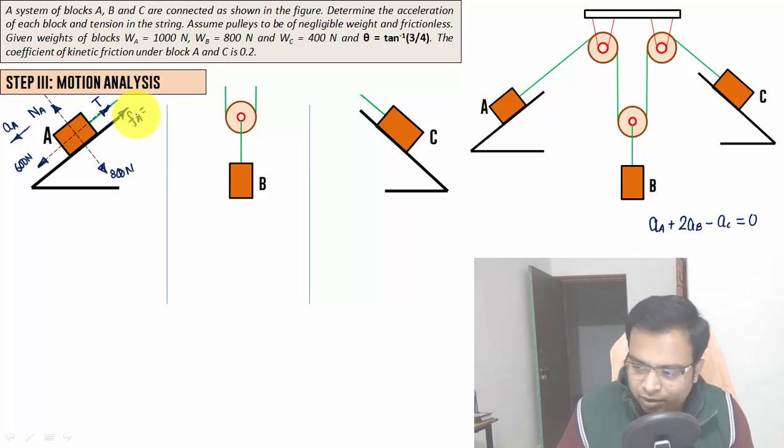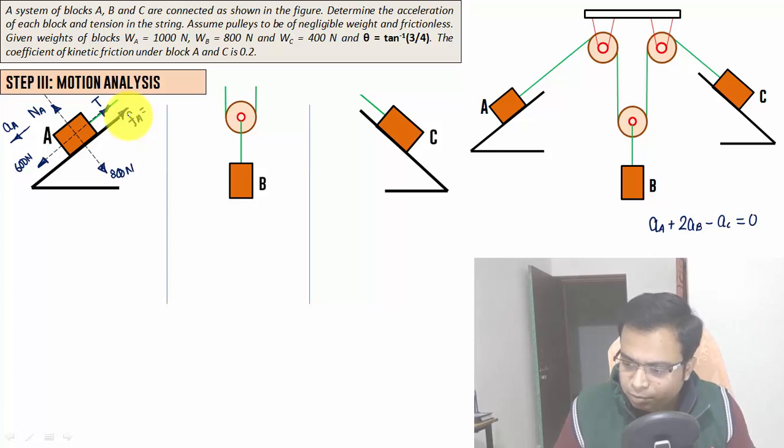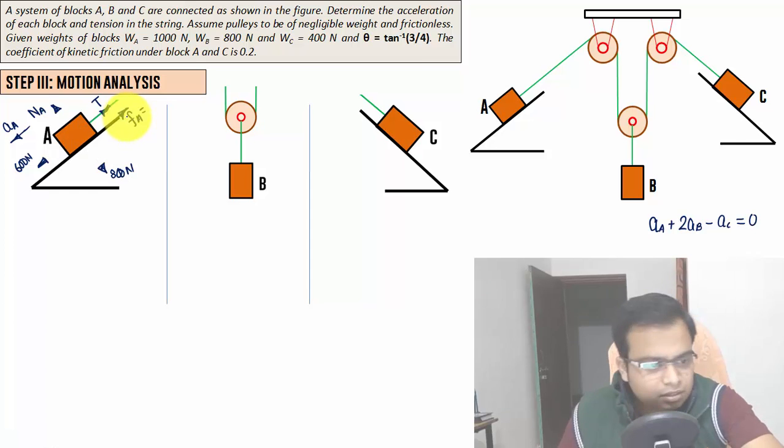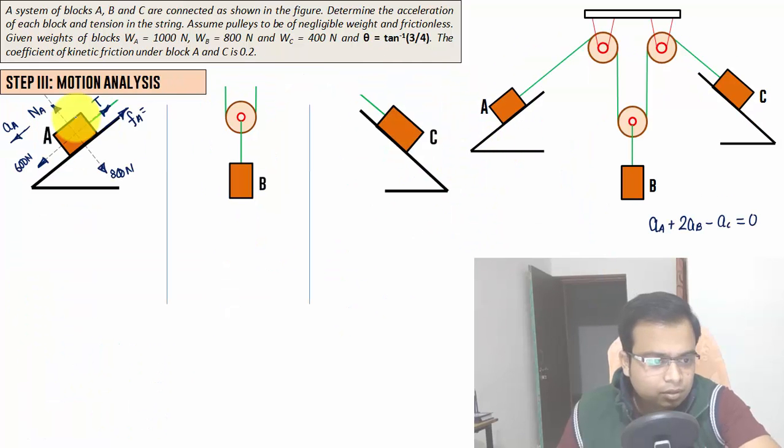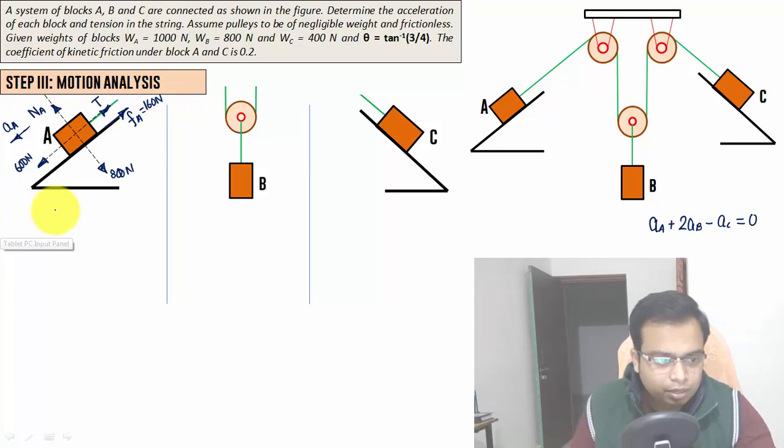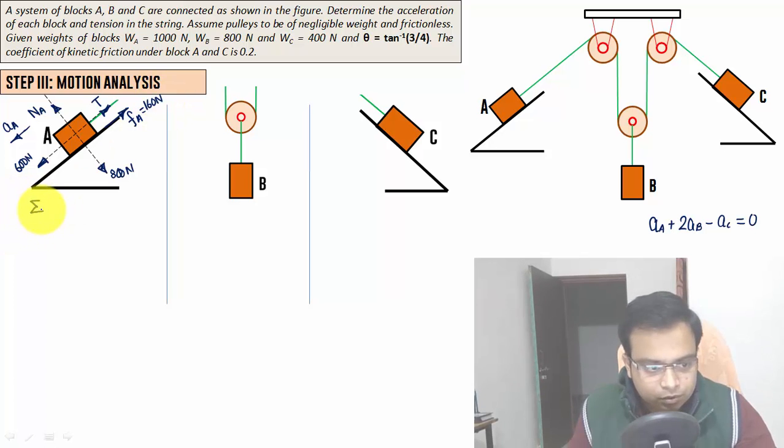How much did we calculate? I guess this was 160. 160 newtons.